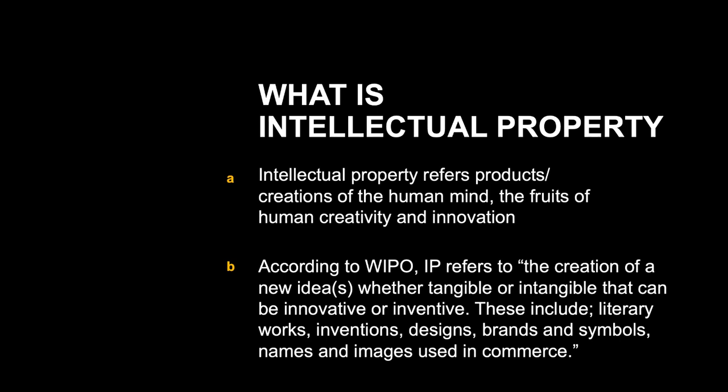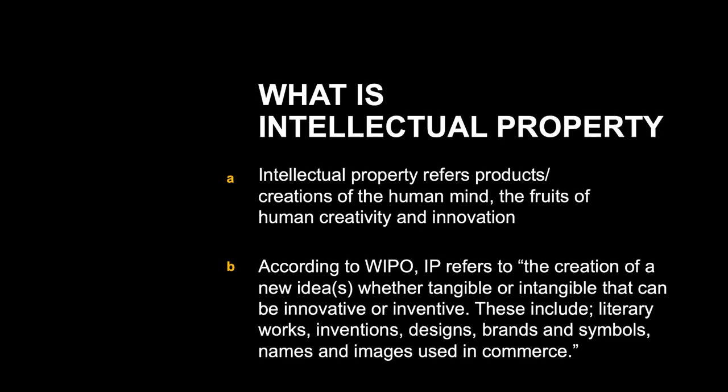There's also a WIPO definition, and I think this is my favorite. They say it is the creation of a new idea, whether tangible or intangible, that can be innovative or inventive. And these would include many things, such as literary works, inventions, designs, brands, and symbols, names, and images used in commerce.